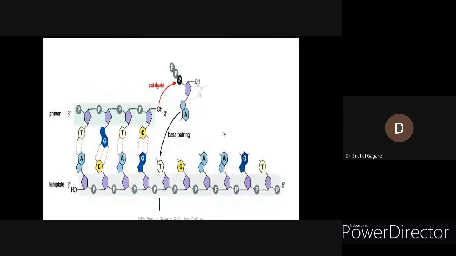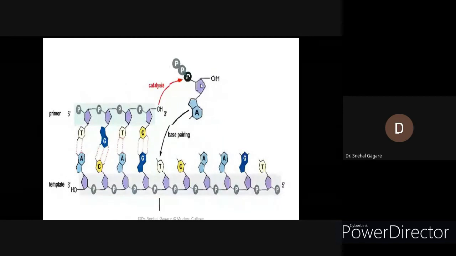Now what is happening? When we have an incoming nucleotide, that is, this is a nucleotide molecule which we previously saw, a nitrogenous base, a deoxyribose sugar with a 3' hydroxyl group, no oxygen at the 2', and a phosphate group at the 5'.